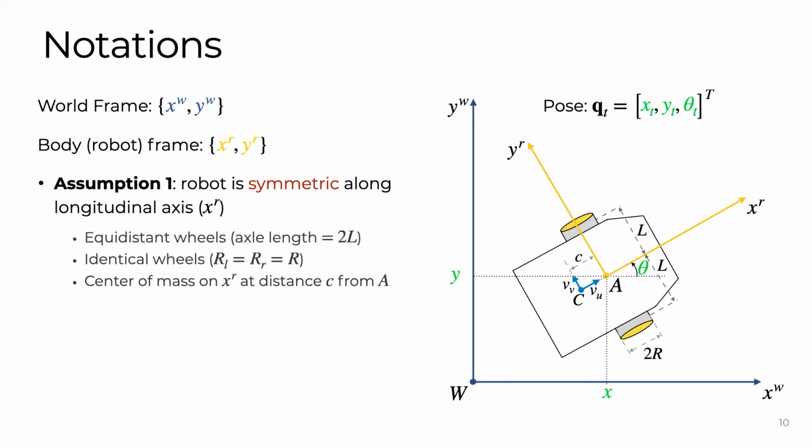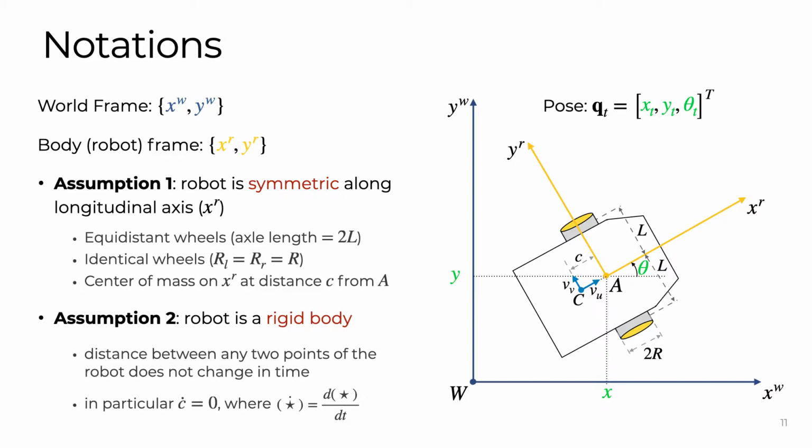Therefore, the wheels are assumed to be identical with diameter 2r, and both will be at a distance L from point A. The center of mass of the robot will lie on the x-axis and will be at a distance c from A. We assume that the robot's chassis is rigid as well. This means that the distance between any points of the robot does not change over time.